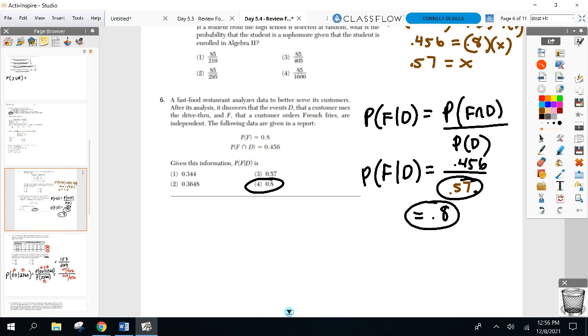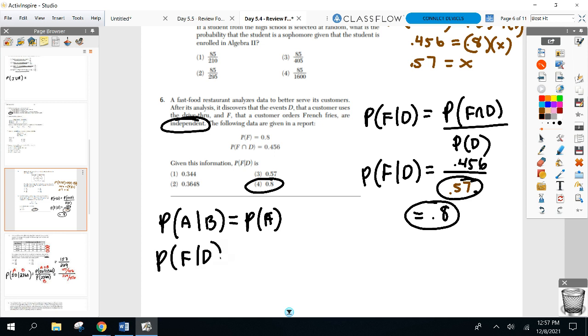I don't know if anybody picked up on it, but it did say F and D are independent. And you guys remember there's two options for independent. Probability of A given B should be equal to what if they're independent? The probability of A. That's the one test it needs to pass. Now, probability of F given D, that's what we needed to find.